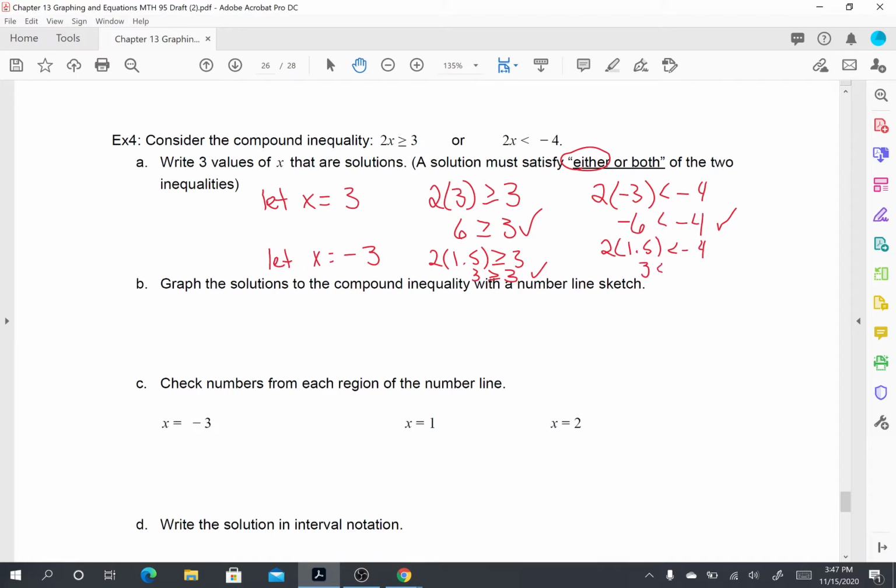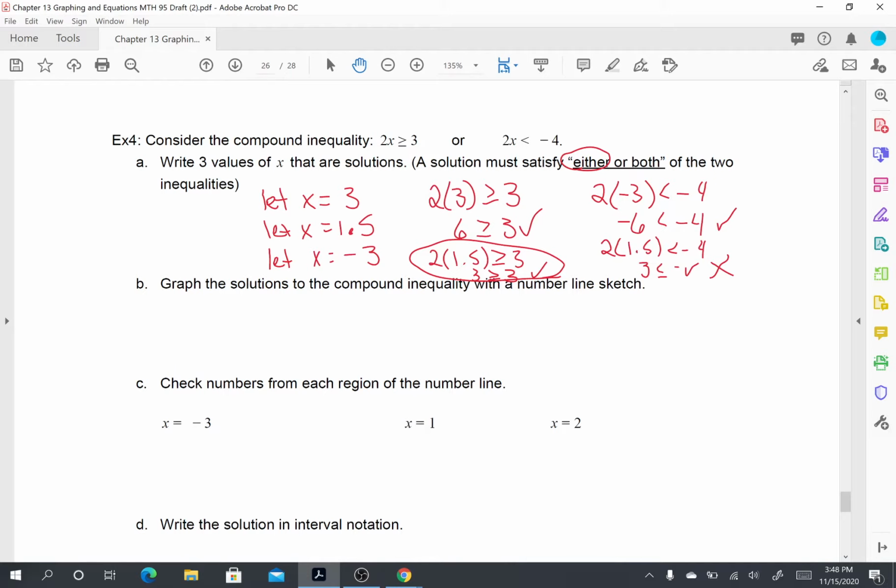Is 3 less than or equal to negative 4? No, but that's okay, because it worked in just this one. Either or both is fine. So I have allowed it to equal these 3 x values, and they worked in one of the inequalities, so we're fine.